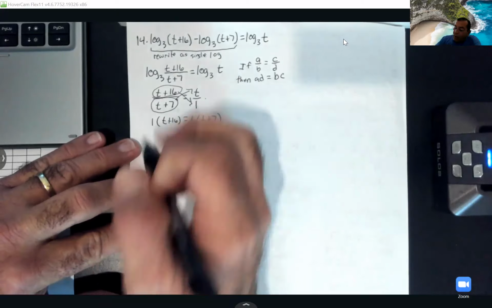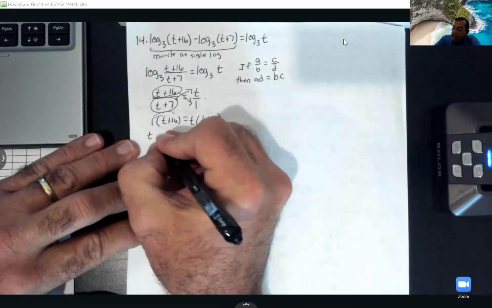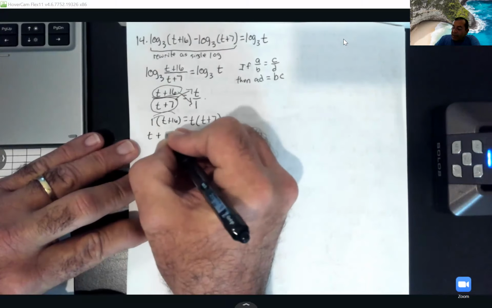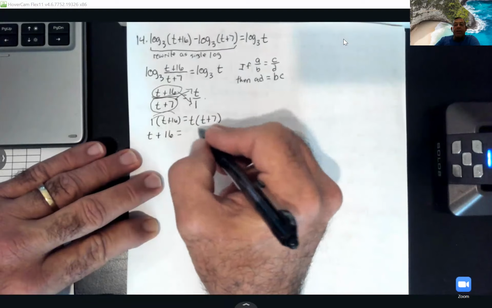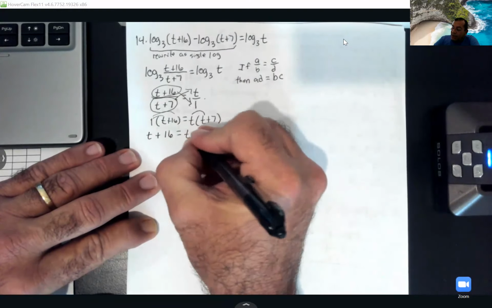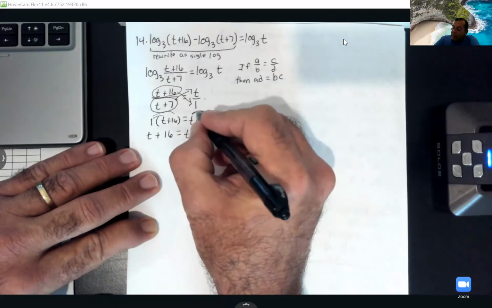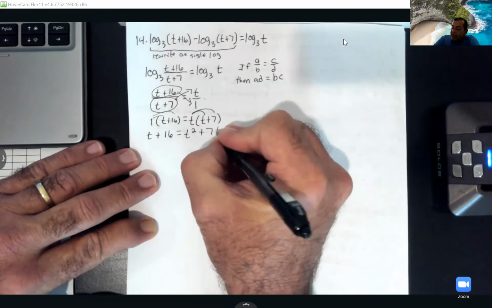So now distribute the 1 over here. Well, 1 times t is t plus 1 times 16 is 16. Over here, distribute the t. T times t is t squared plus t times 7 is 7t.